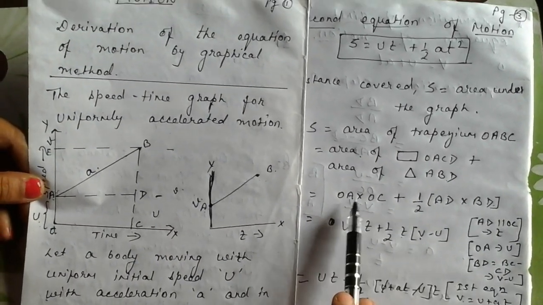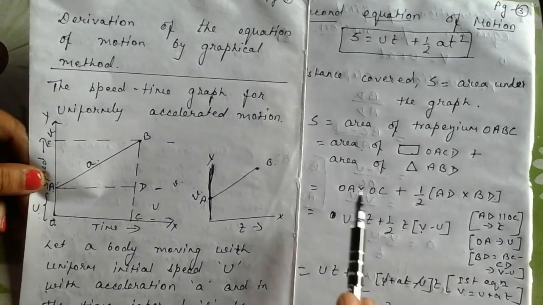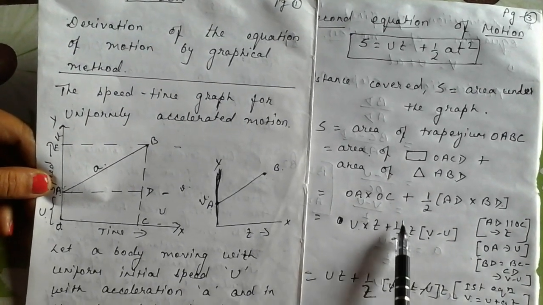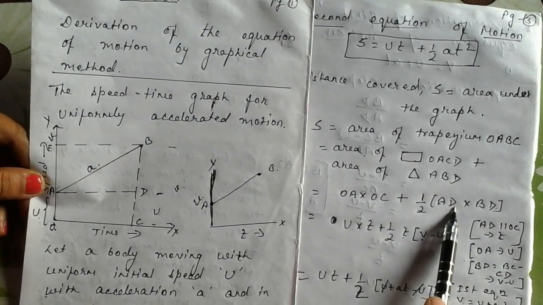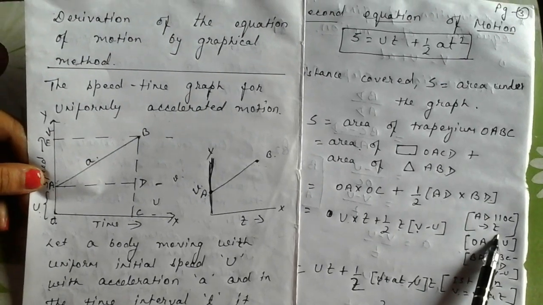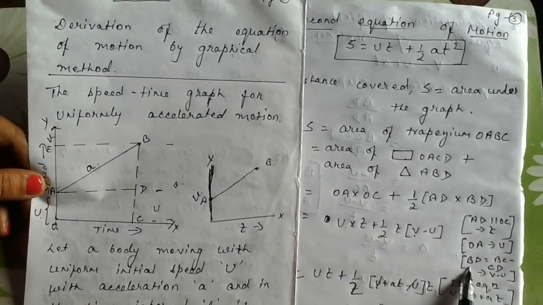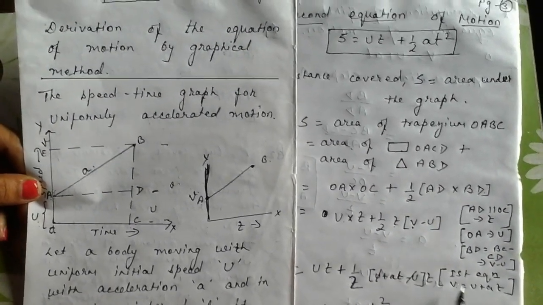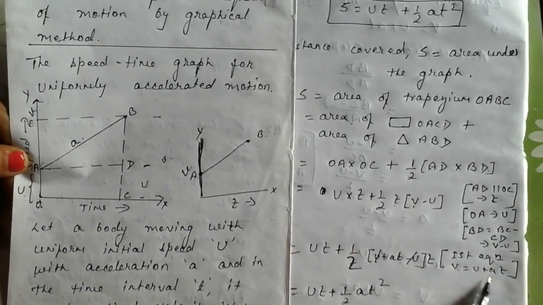Substituting the values, OA represents u and OC represents t, plus ½ AD. AD is parallel to OC, the time axis, so it is t. And BD is BC minus CD, which is v − u. From the first equation of motion, put the value of v: v = u + at.